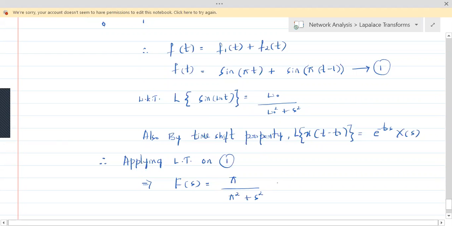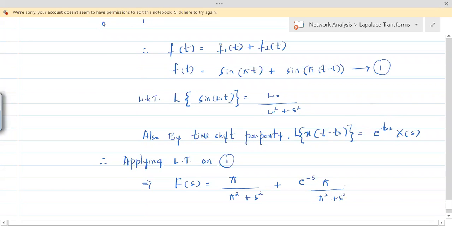Then plus, what is the basic signal? x of t is the basic signal, and X of s is the Laplace transform of x of t. Sine pi t is the basic signal, and since it is shifted by 1, you will have e power minus s. So it is e power minus s into pi by pi square plus s square.